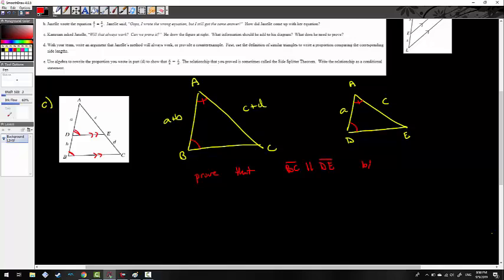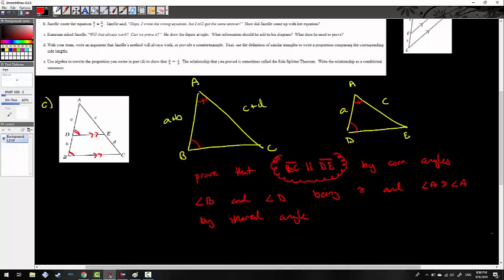By corresponding angles B and D being congruent, and angle A being congruent to angle A, by a shared angle. So this really is the crux of it. As long as we can prove that those two lines are parallel, then we are good for part C.